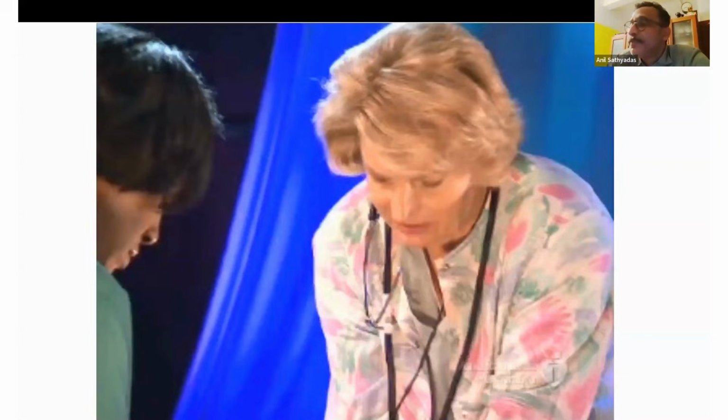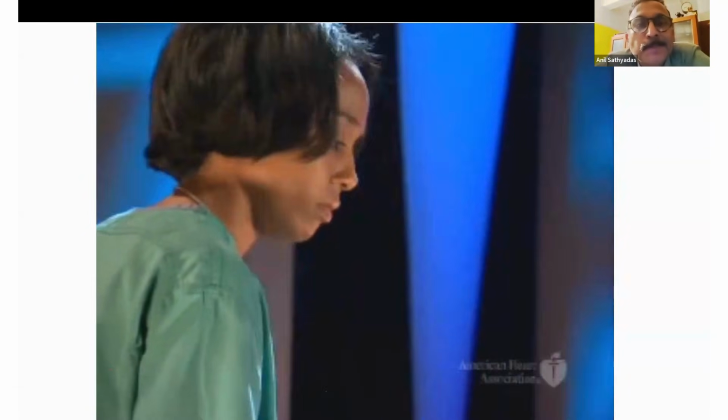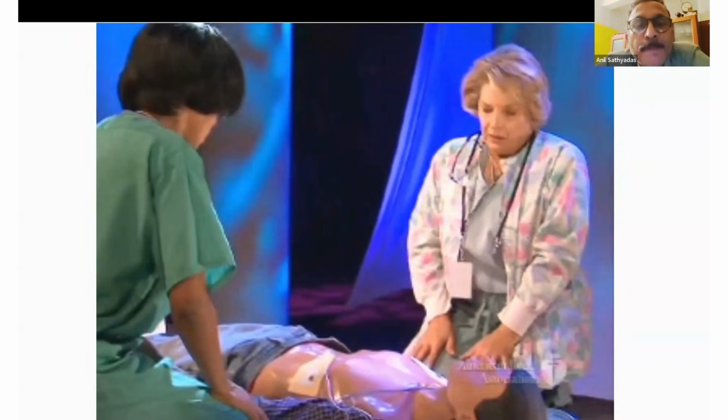Most AEDs begin to check the rhythm as soon as the pads are attached and connected. For others, you press an Analyze button. Analyzing heart rhythm. 10, 11, 12. If the AED finds a heart rhythm that could be treated with a shock, the AED will tell you so. Shock advised. Stay clear of patient. Deliver shock now.